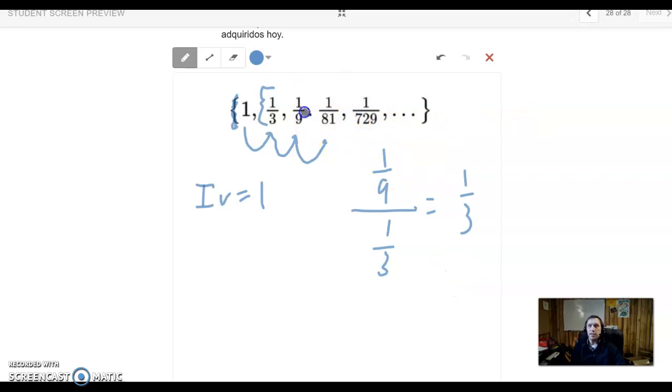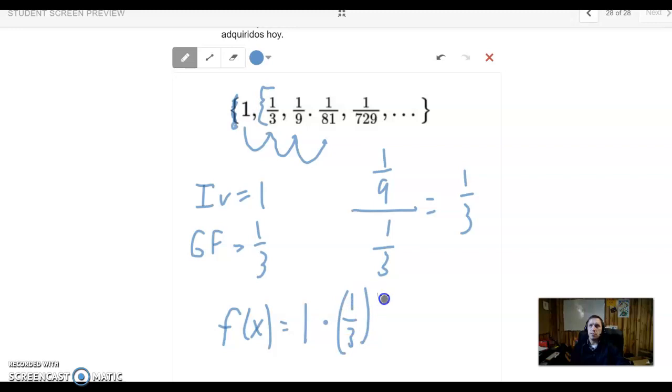And you can do each of these. 1/3 times 1/3 is 1/9, times 1/3 is 1/27, and so on. So our rate of change, our growth factor or common ratio, is 1/3. So I'm going to write the function f of x is our initial value times 1/3 to the x power.